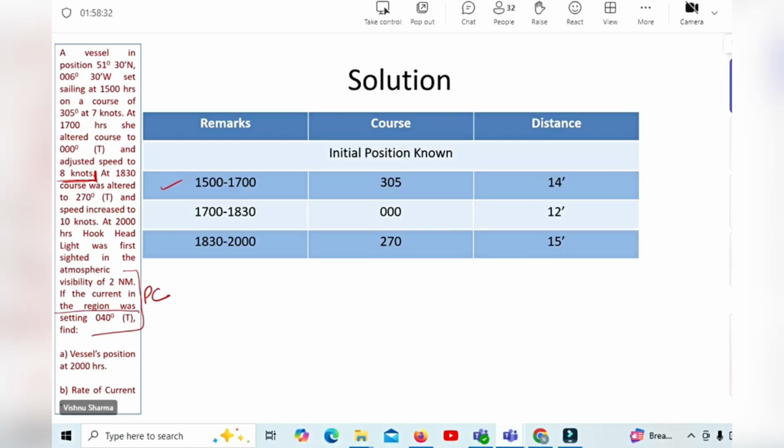Current was setting 040, rate is not given. Current set is 040, rate is not known, so the drift cannot be filled in here. How many hours is the current acting? Current is acting from 1500 hours to 2000 hours. Current is for 5 hours. But since we do not know the rate, we cannot use the drift.